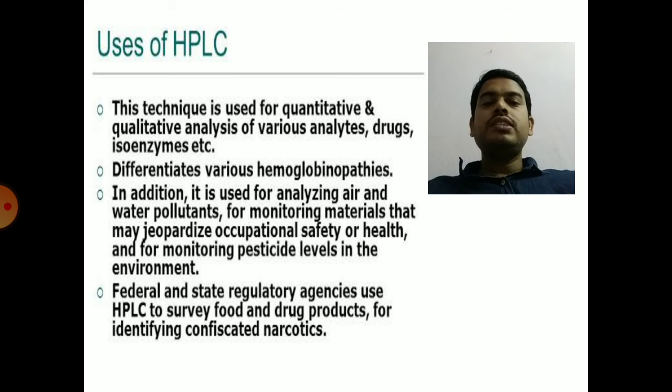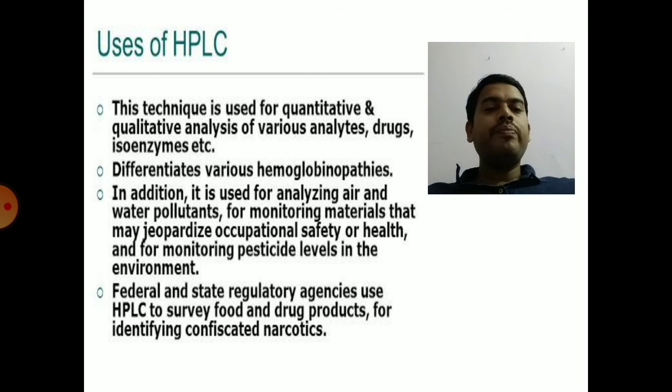This is how HPLC is performed and used to decrease the retention time of the sample in the column and to get better resolution of the compound. It is a versatile technique and highly used in the pharma industry.